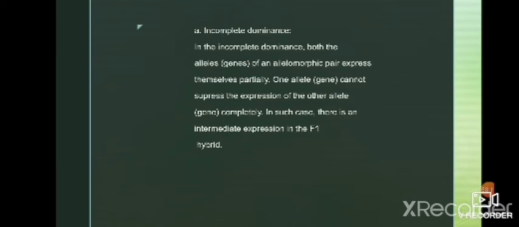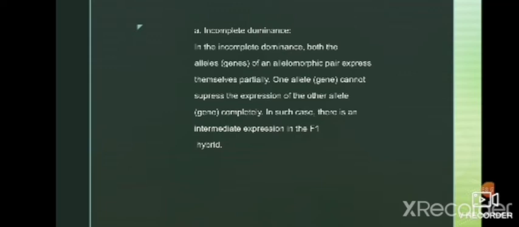First, incomplete dominance. In incomplete dominance, both the alleles or genes of an allelomorphic pair express themselves partially. One allele or gene cannot suppress the expression of the other allele or gene completely.